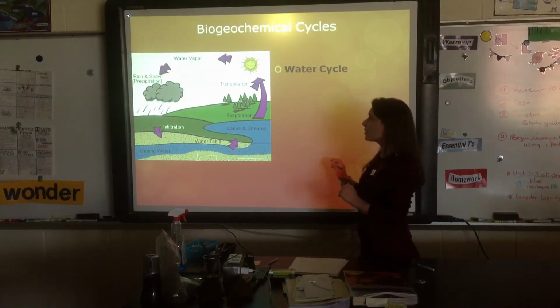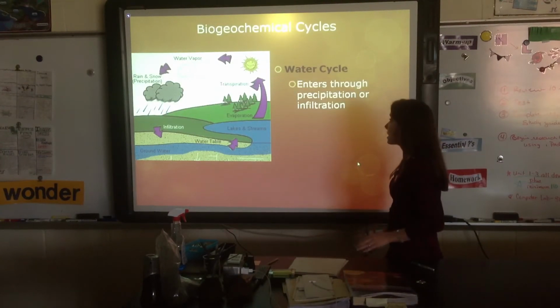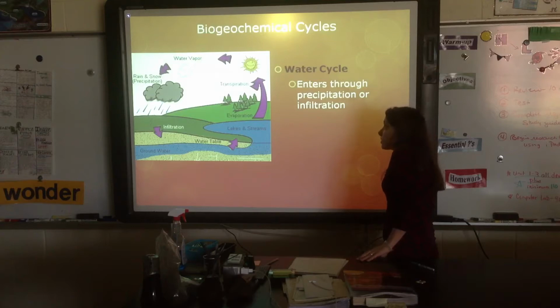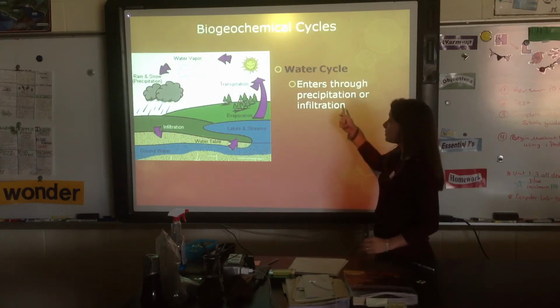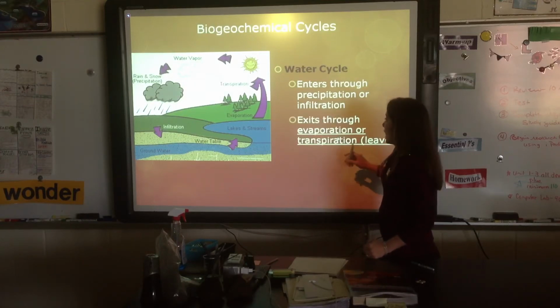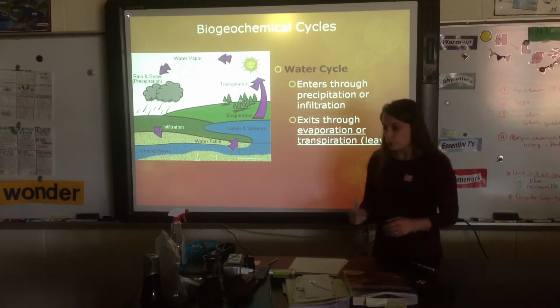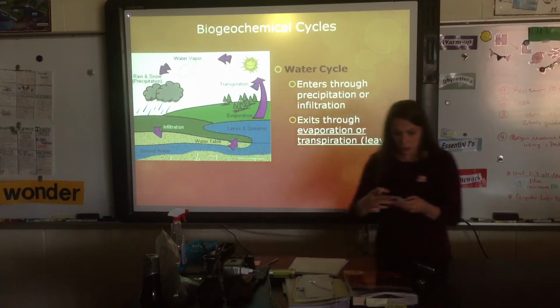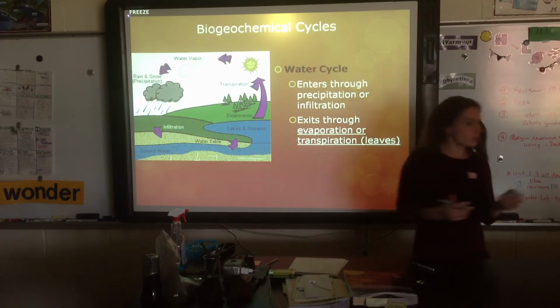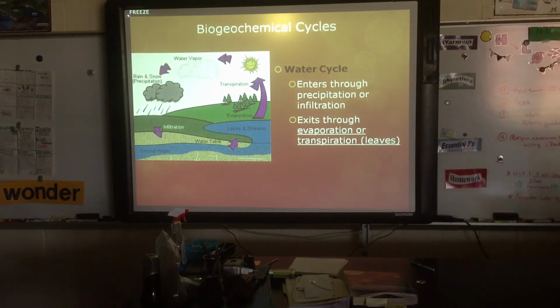And so when you learn about the water cycle, which you've probably done many times, you learn that water enters through precipitation, and then it exits through evaporation or transpiration. And so you've already learned a little bit about the water cycle prior to coming to this class. And you have learned a little bit more about what exactly water is when you came to this class.